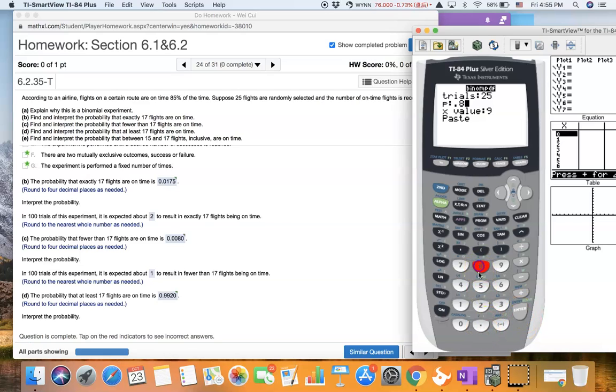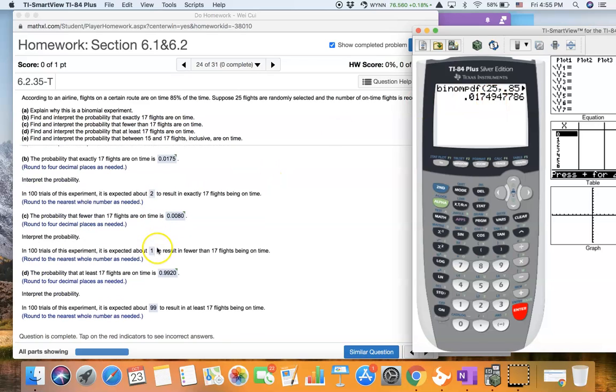Now we are looking for the probability that x equals 17. So x is 17. So that probability is 0.0175.